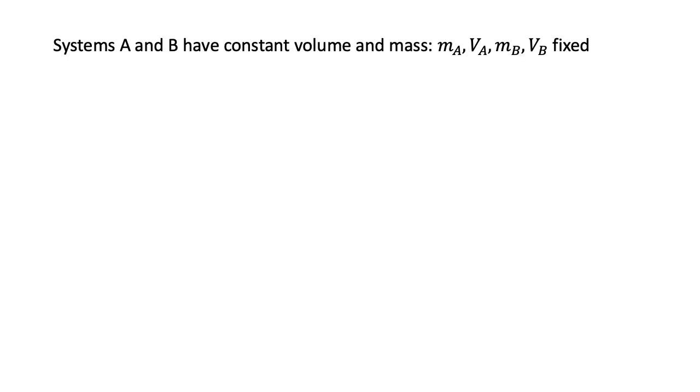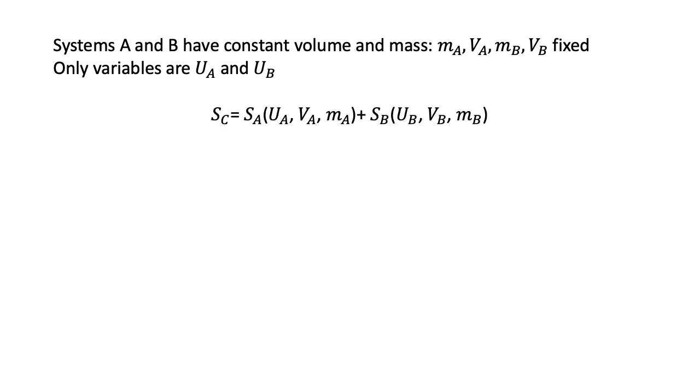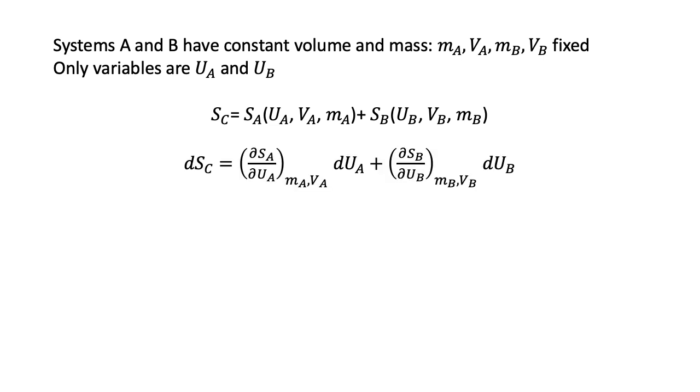Now, systems A and B have constant volume and mass, so MA, VA, MB, VB are all fixed. The only variables which can change are UA and UB. So we write SC as equal to SA plus SB, and then we differentiate that.